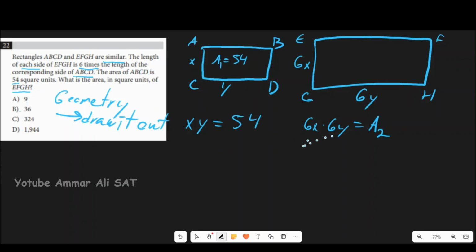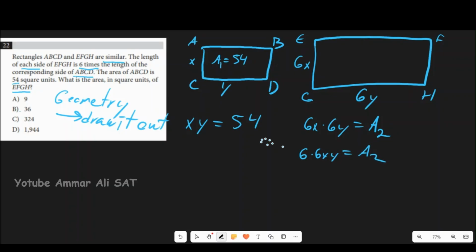So let's see if we can rearrange this into a more usable format. We will rewrite this because notice it's all multiplication, so we can move things around due to the commutative property of multiplication. That just means we can move the numbers around, and so long as they are all still multiplying each other, it's the same number. So that is equal to A2.